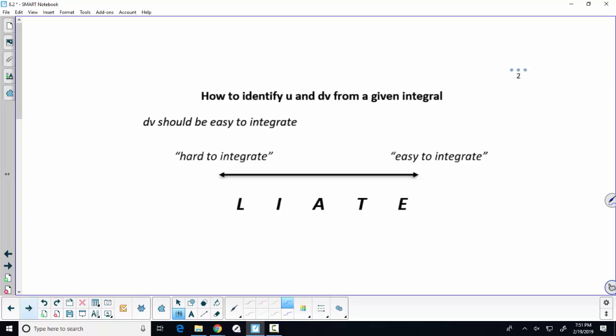It says dv should be easy to integrate. What that translates to is the functions from left to right: hard to integrate, easy to integrate. The L is for the logarithms. The I is for inverse, typically inverse trig functions.